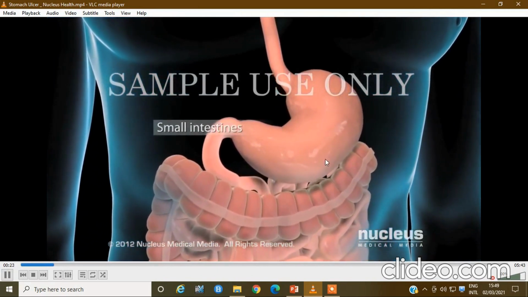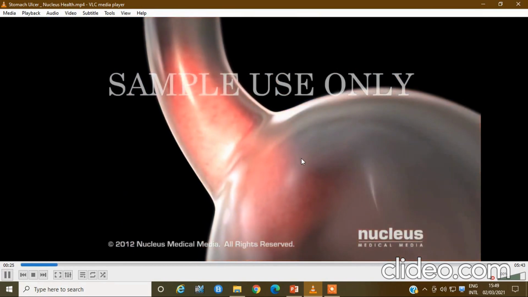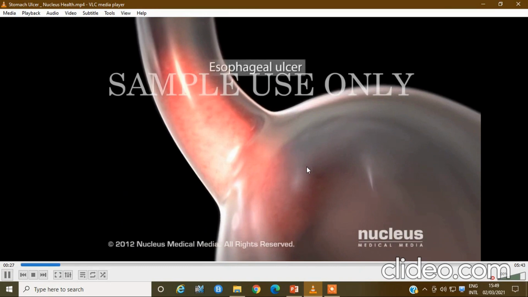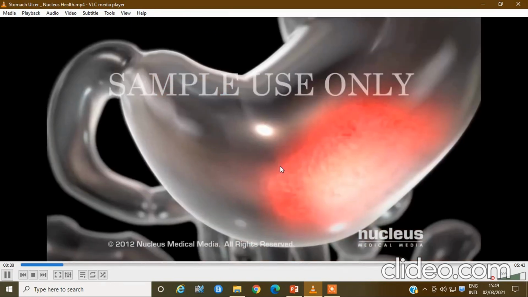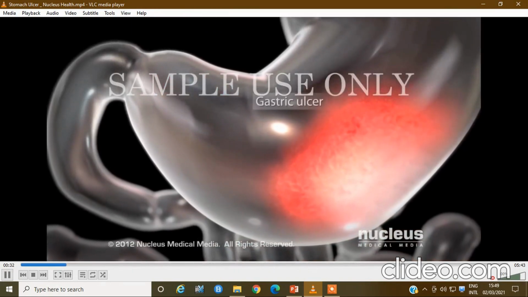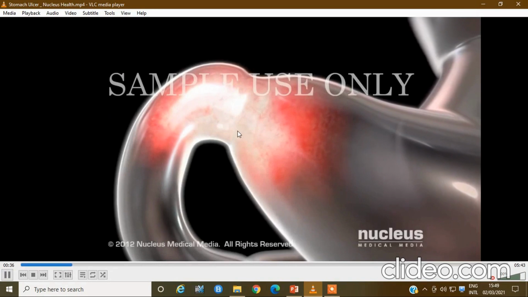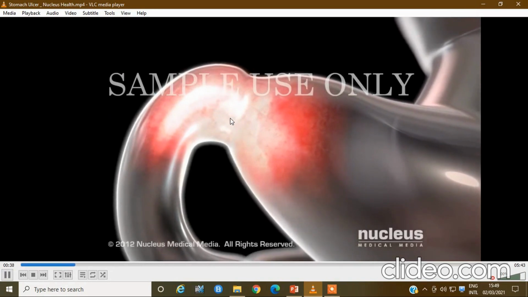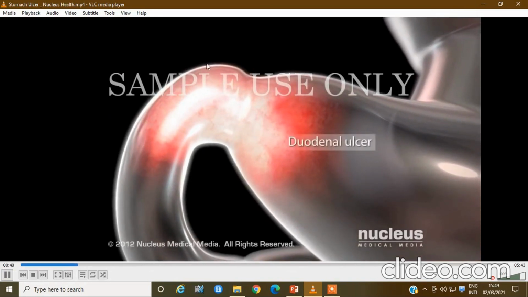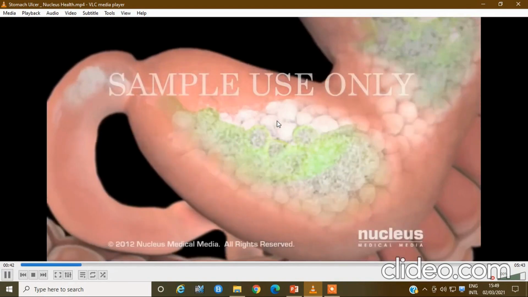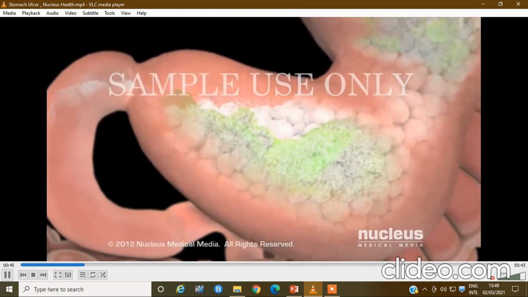If it is present in the stomach, it is called a stomach ulcer. If it is present nearer to the duodenum, it is called a duodenal ulcer. And if it is deep and transfers the gastric content to the peritoneal cavity, it is called a perforated peptic ulcer.